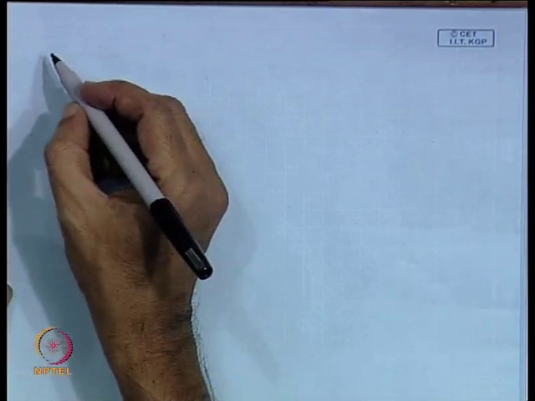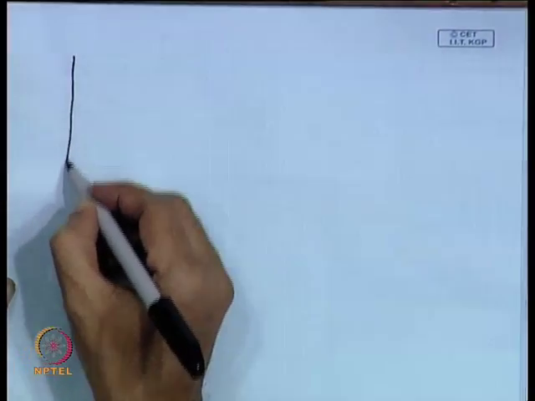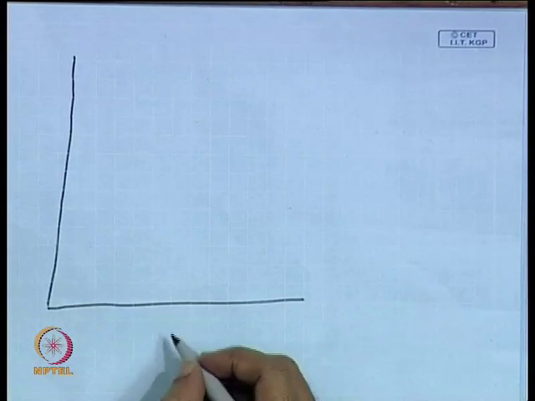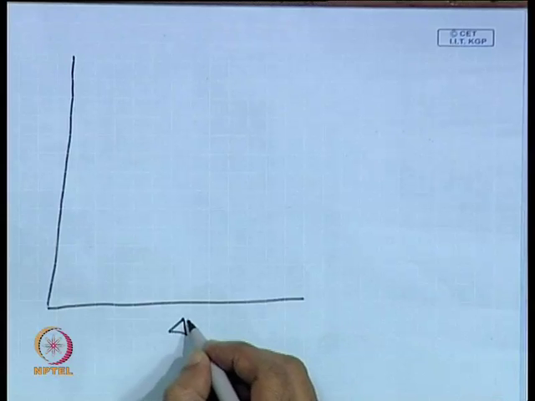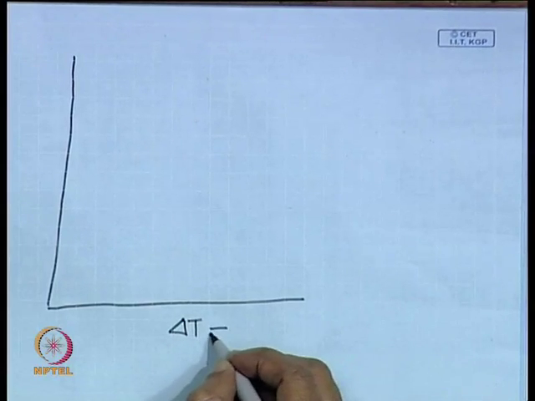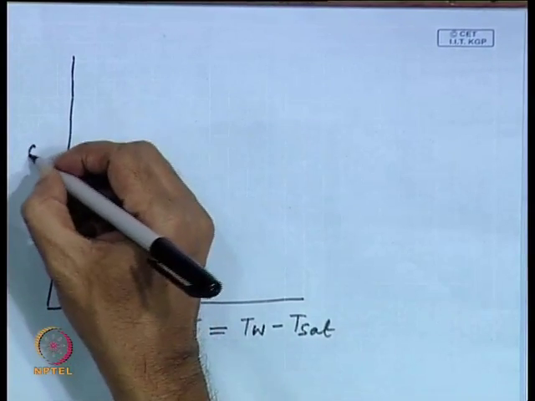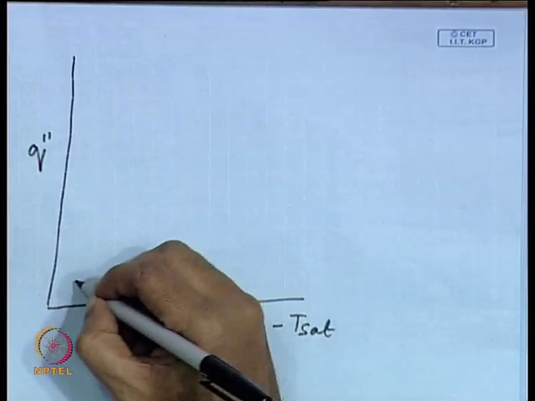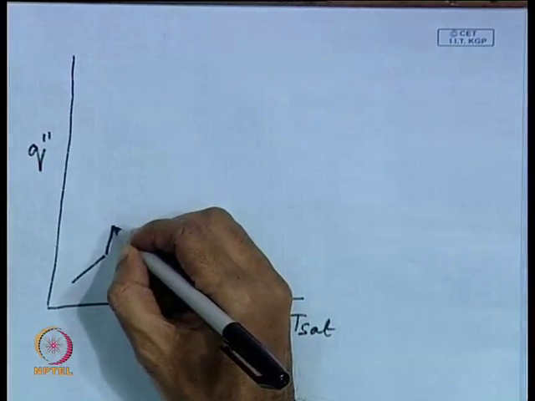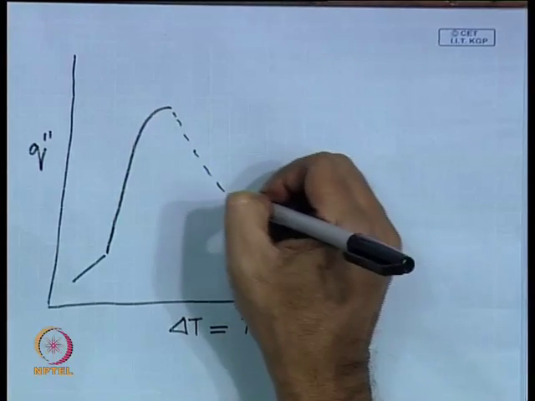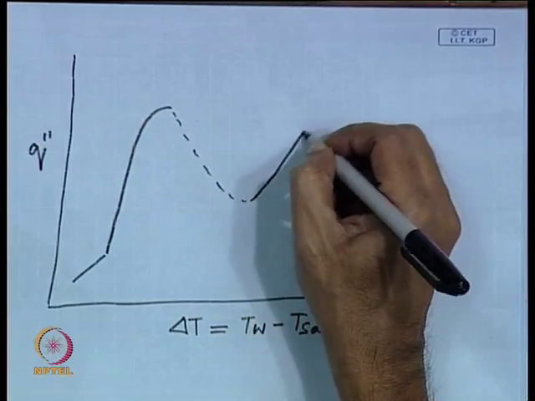Now, as I have already pointed out earlier, this is a very basic thing in a boiling curve. This is delta T, that means T_W minus T_saturated, and this side is heat flux. In the boiling curve we have different regimes of boiling.